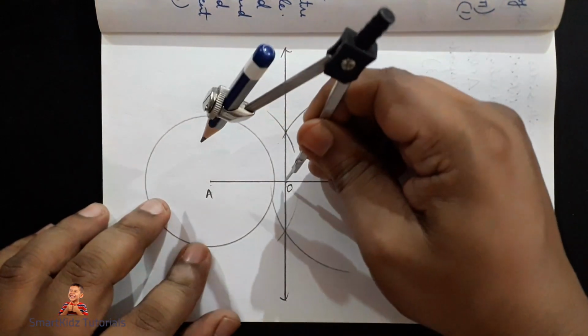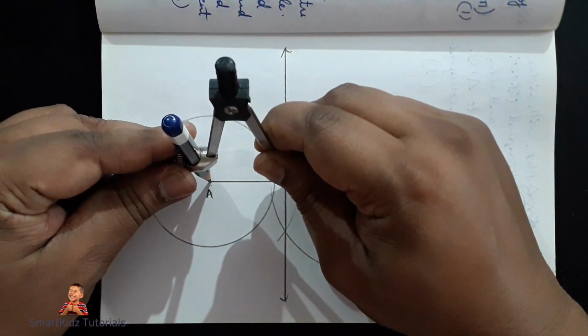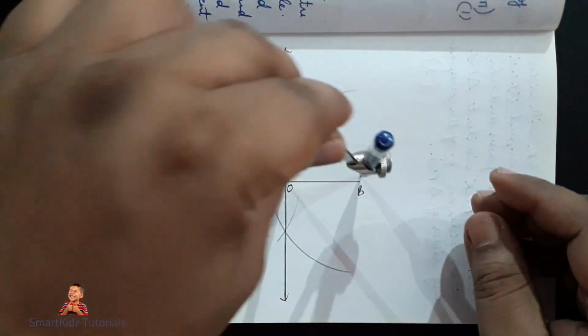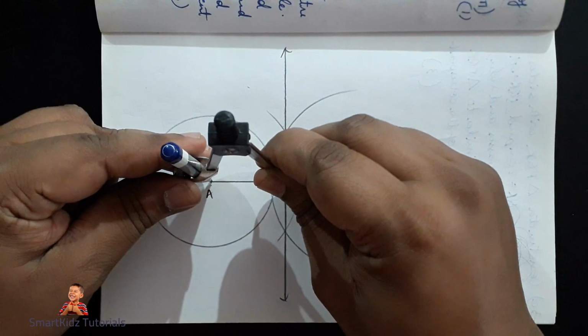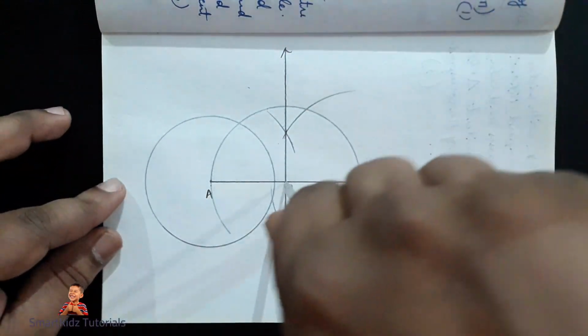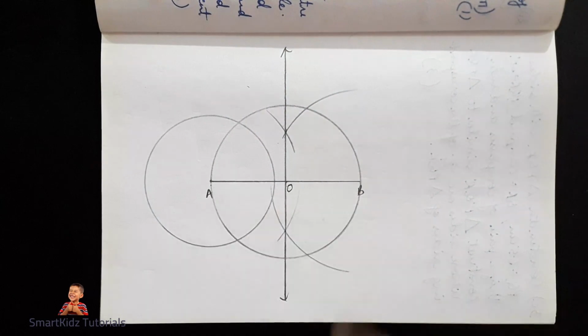There you go. So keeping on O and measuring till A. Okay, so it should cut A as well as it should be able to cut B as well. Okay, I'm going to do just that, like this. Okay, so you see it goes through A and B, and we've got now a new circle.